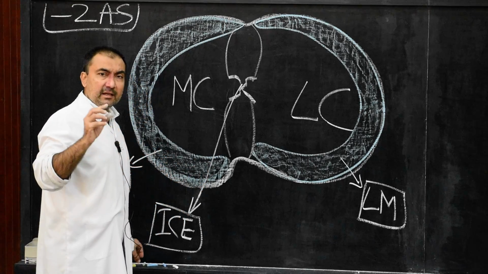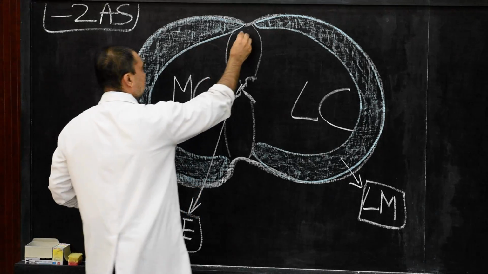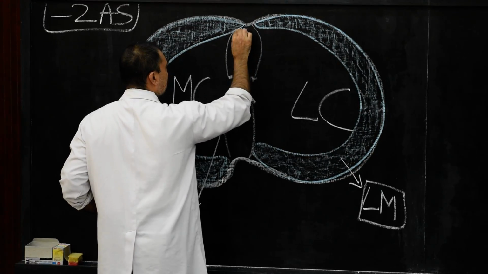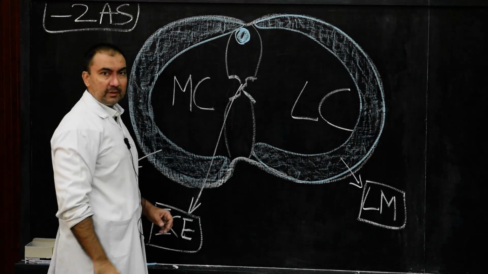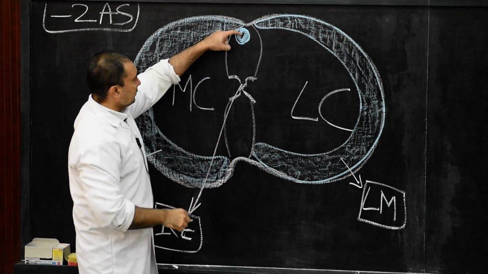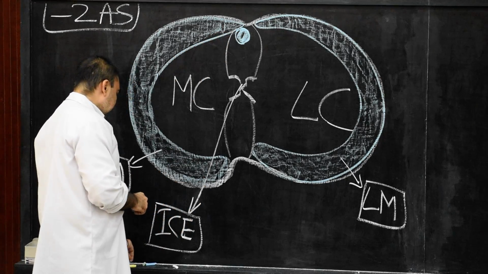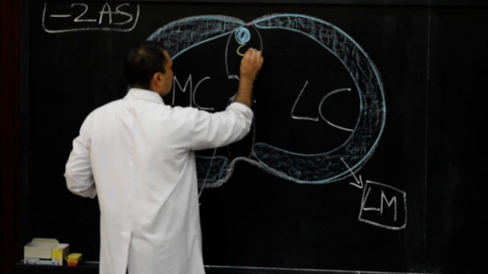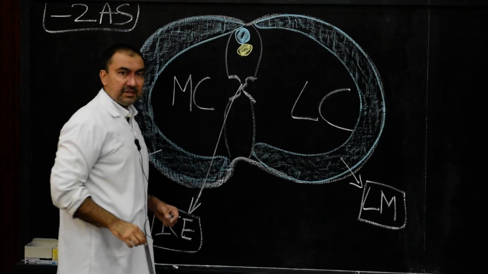It will be the anterior horn of the medial meniscus. So first we will draw here. This will be the anterior horn of the medial meniscus over here. This anterior horn is ending over here. Then there will be the anterior cruciate ligament.